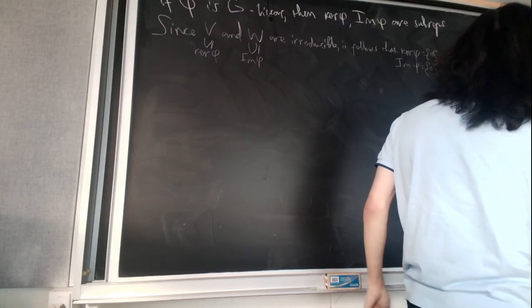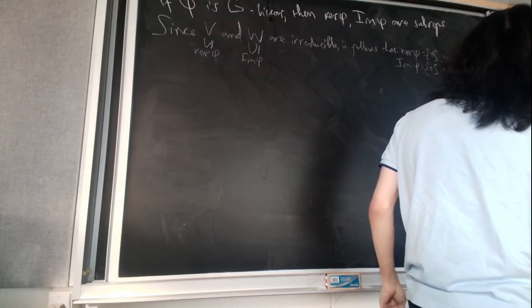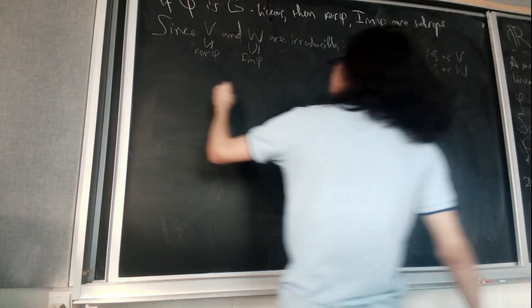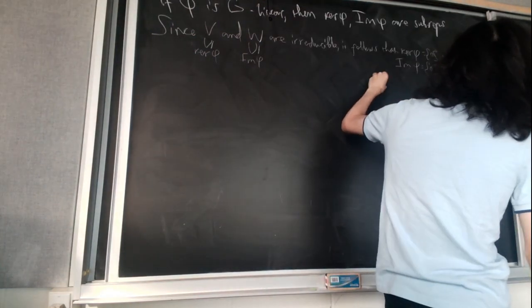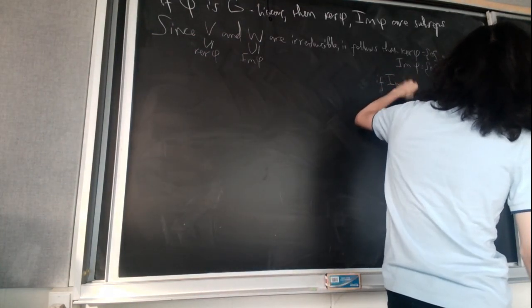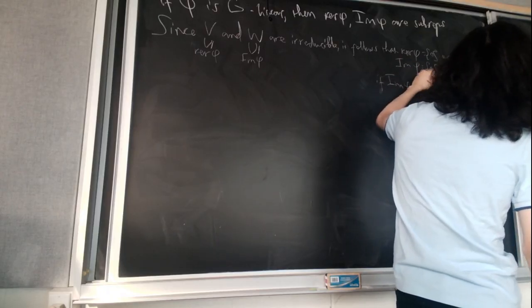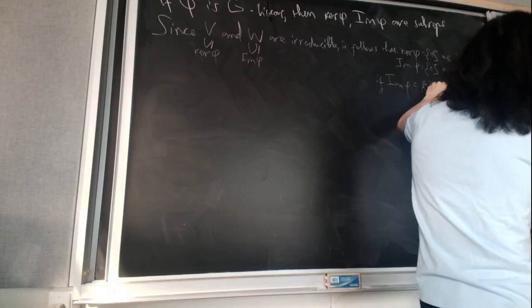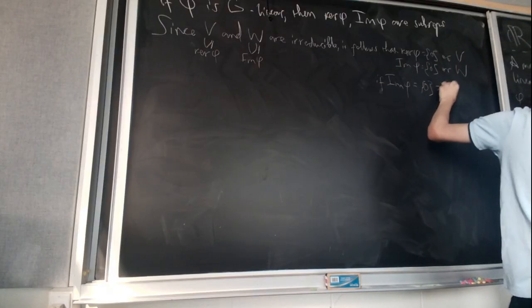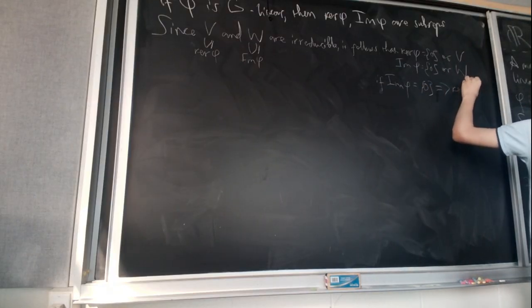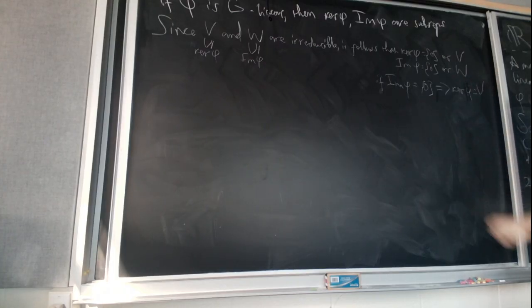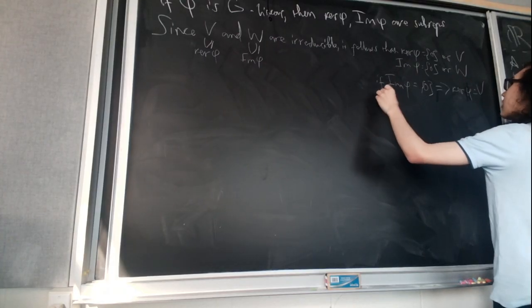So clearly, if the image of phi is equal to the 0 vector space, that implies that the kernel of phi is the entire vector space, right?